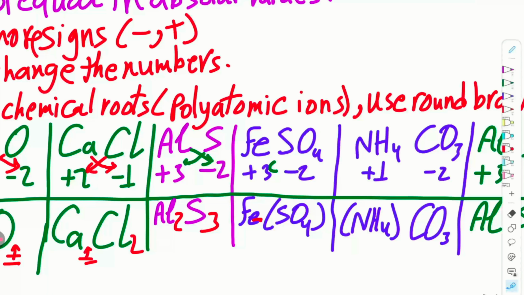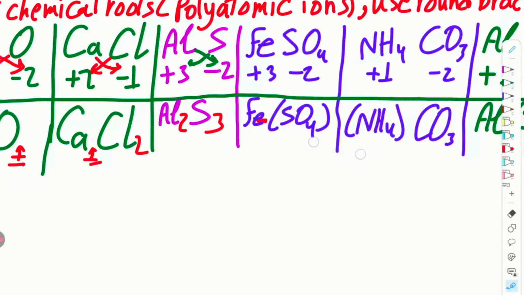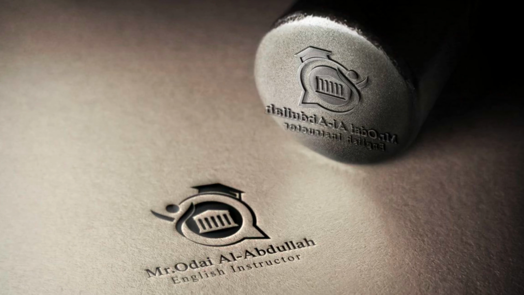Shall I write the number here, for example? This SO4 takes 3 and Fe takes 2. Shall I write the number 3 here, for example, teacher? No, this is not going to be logical. We need to understand the definition of the chemical root.